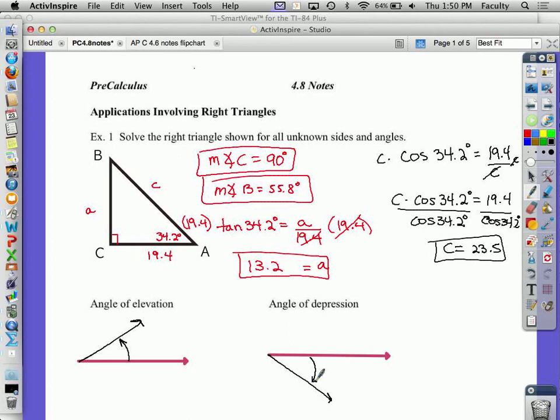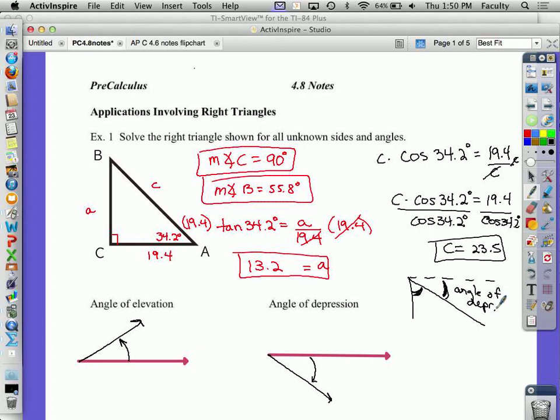I think what I had seen earlier is we had some kind of a shadow, and you guys were doing this as the angle of depression. Do you see that can't be an angle of depression because it's not from the horizontal. The angle of depression could be here. It's always got to be from a horizontal line, not a vertical.